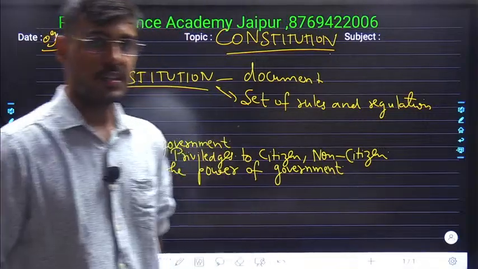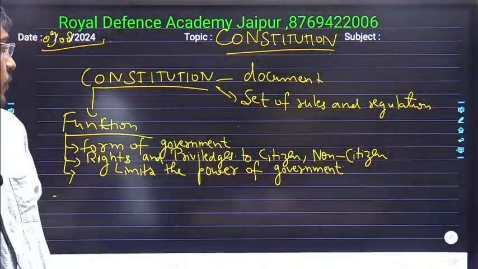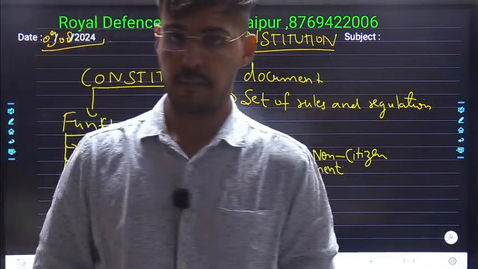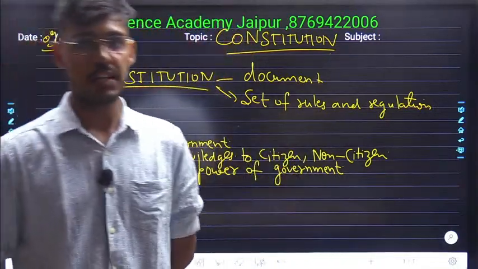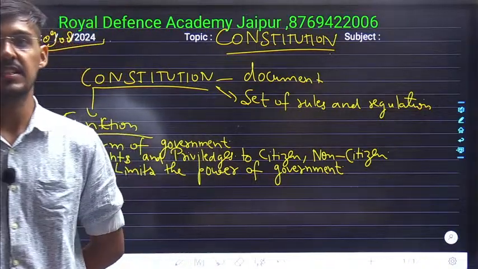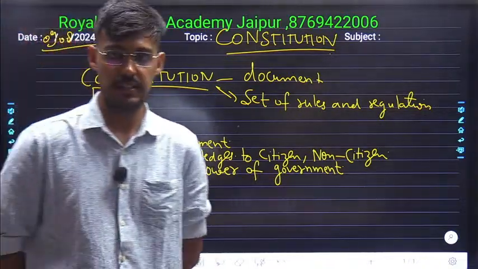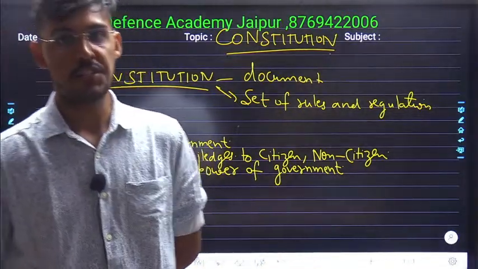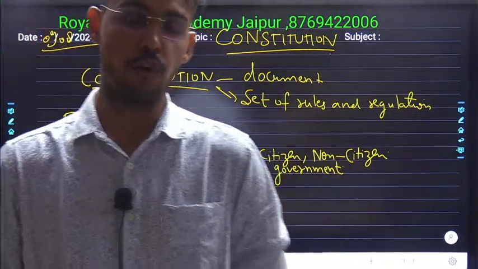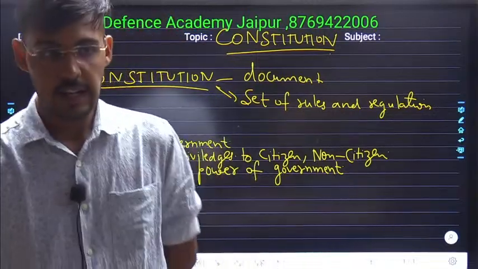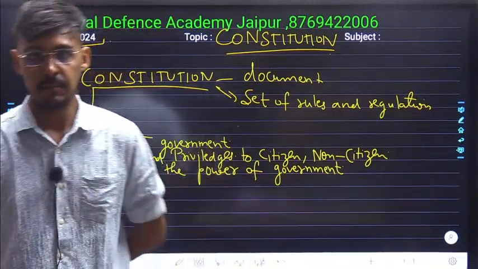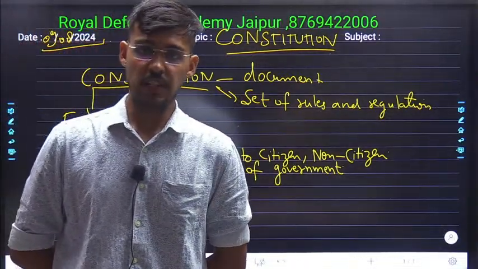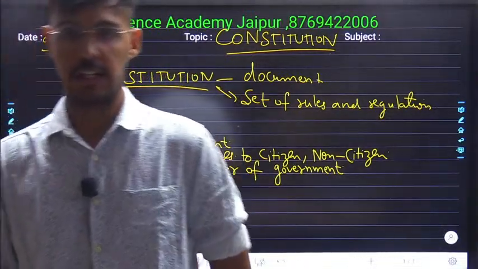Apart from these three functions, there are also various other functions which we will be discussing. For example, the Indian Constitution also mentions directive principles of state policy in Part 4 of the Constitution. Directive principles are instructions or directives given to the executive or the government.